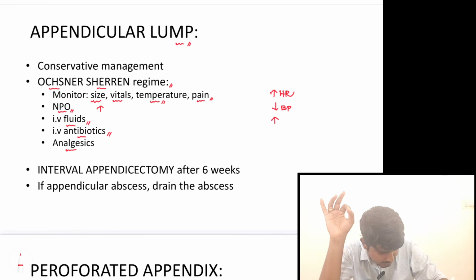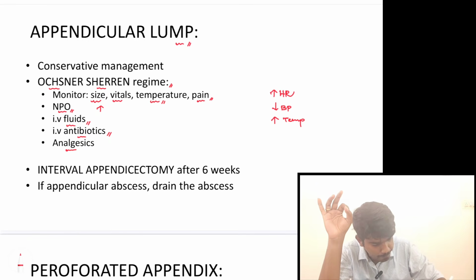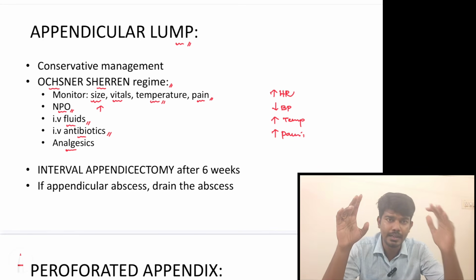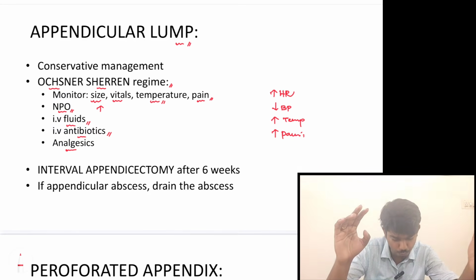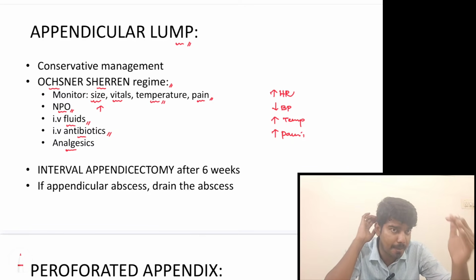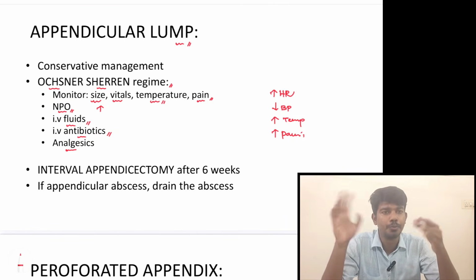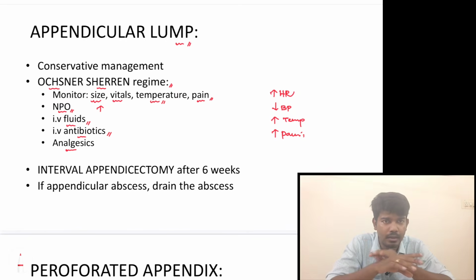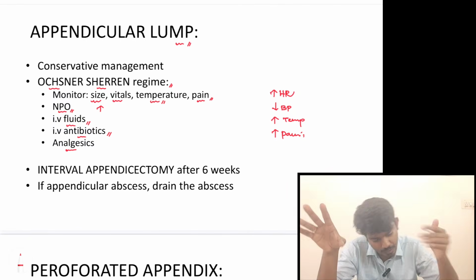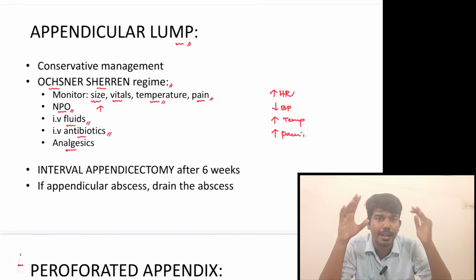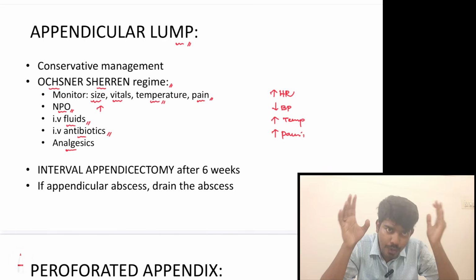If the temperature increases, number four. If the pain increases, these are suggestive of either an appendicular abscess or the appendix may have ruptured. So in that condition we are not going to proceed with conservative management. We are going to do an acute appendicectomy. Okay, we are going to open.